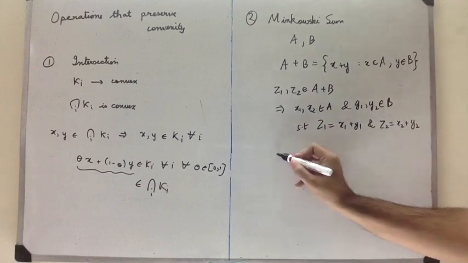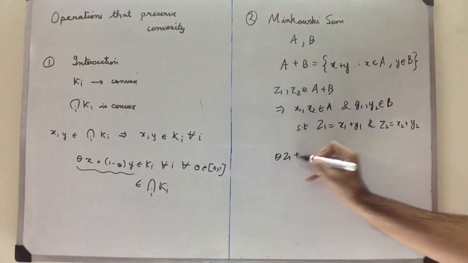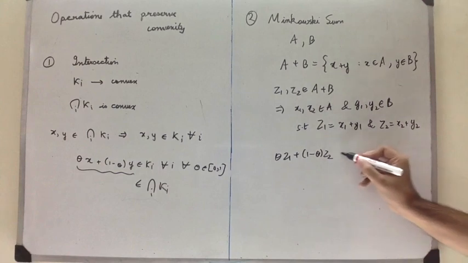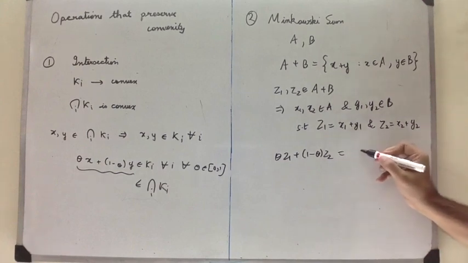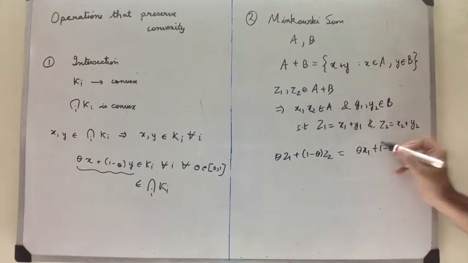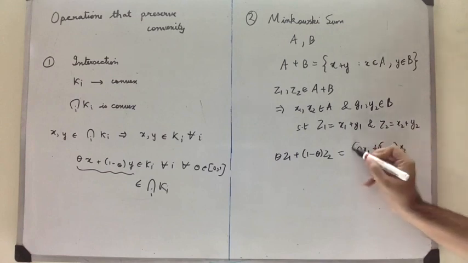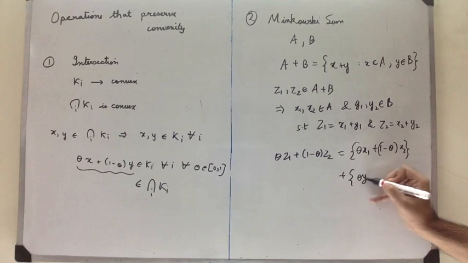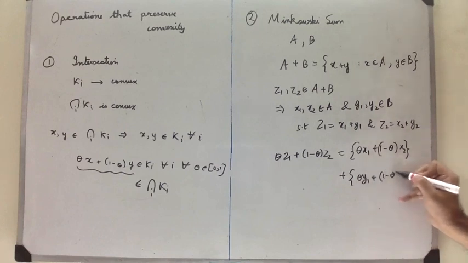Now if you take any convex combination theta z1 plus 1 minus theta z2, this is simply seen to be the convex combination theta x1 plus 1 minus theta x2, plus theta y1 plus 1 minus theta y2.